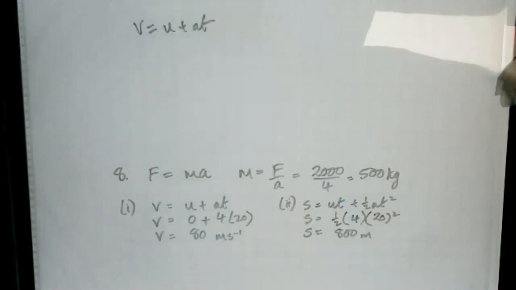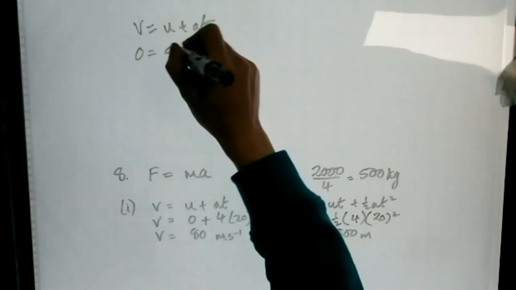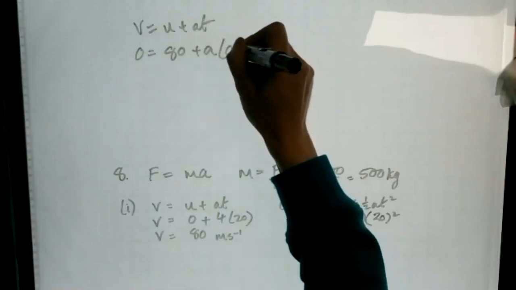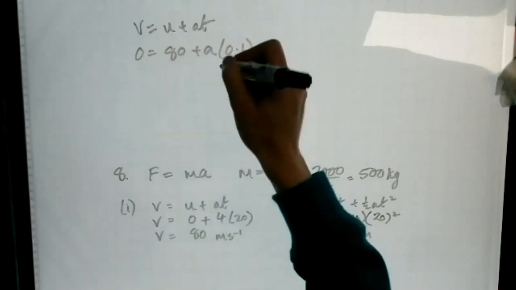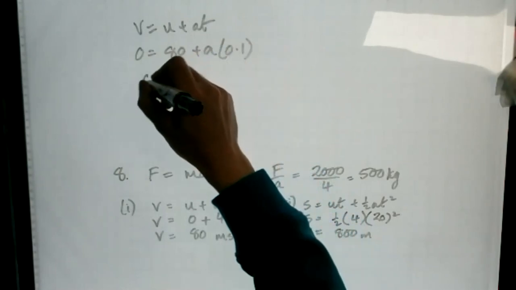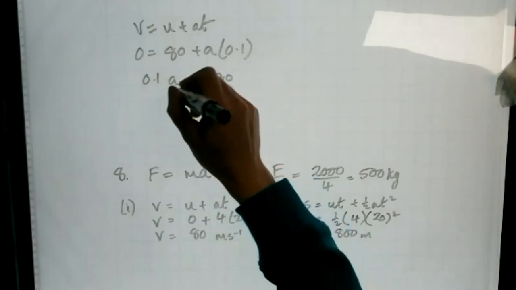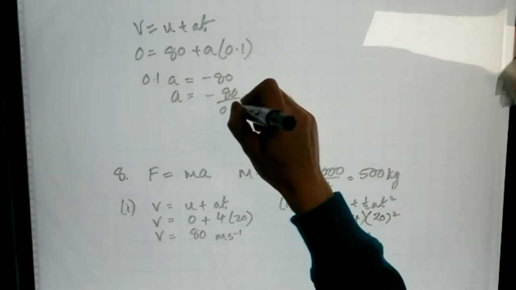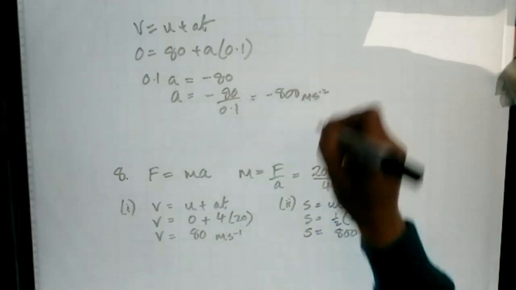So V is 0, U is the initial speed in meters per second, plus A times 0.1 seconds. So A is minus 80 divided by 0.1, which is minus 800 meters per second squared.